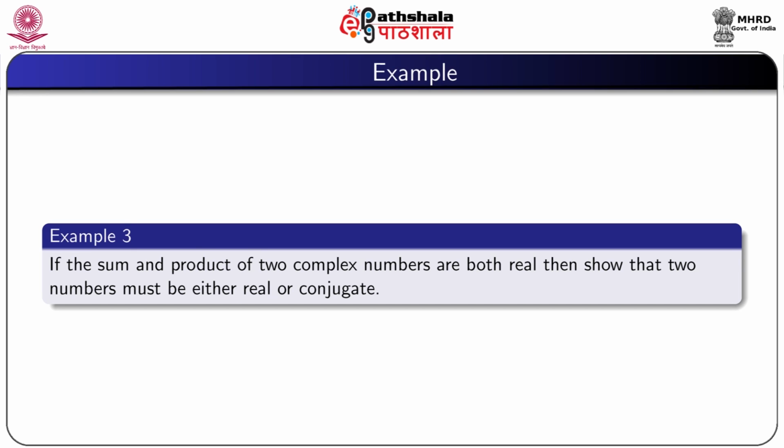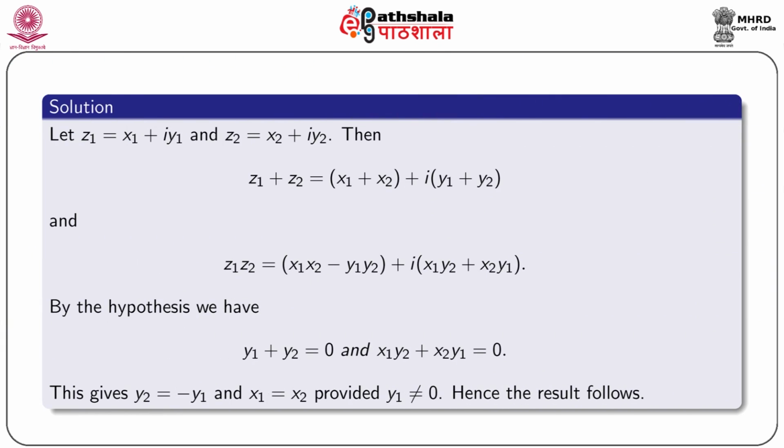Another example: if the sum and product of two complex numbers are both real, then the two numbers must be either real or conjugate. Suppose z1 is x1 plus iy1 and z2 is x2 plus iy2.